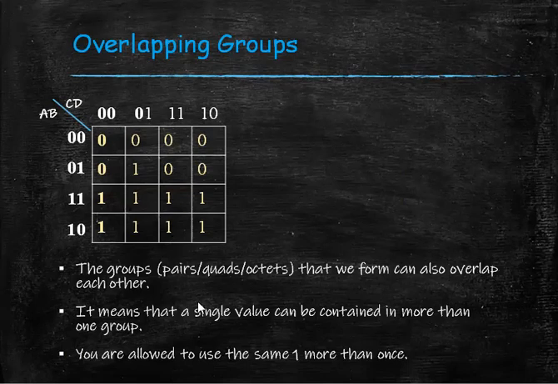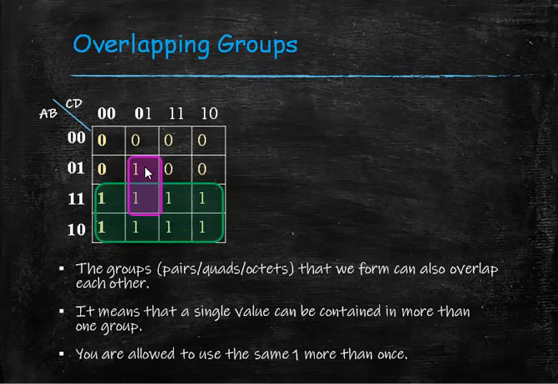Here, first we take the large group, that is the octet, and here there is a 1, so we can form a pair from this one. This is possible.